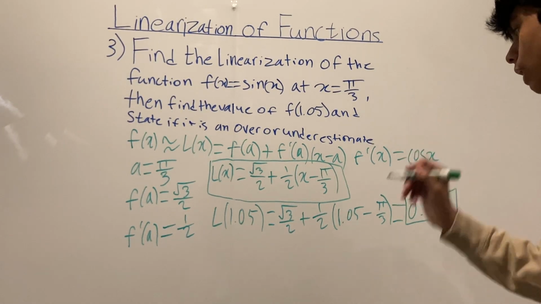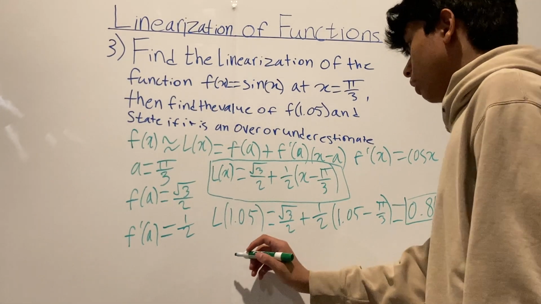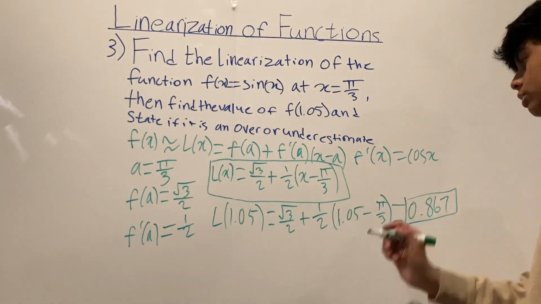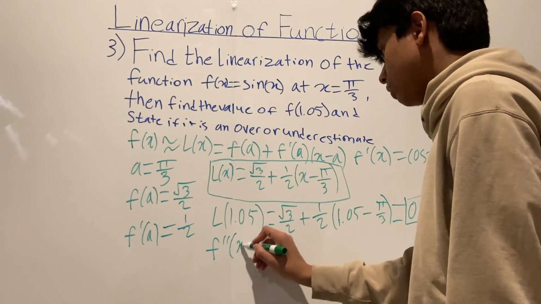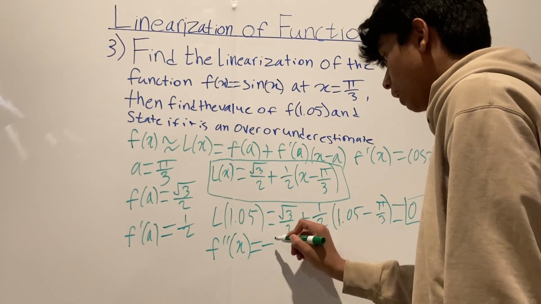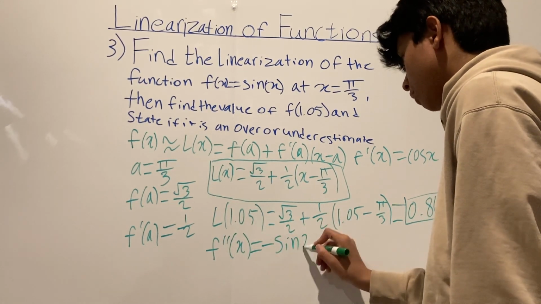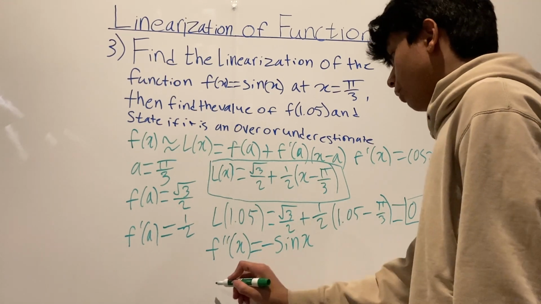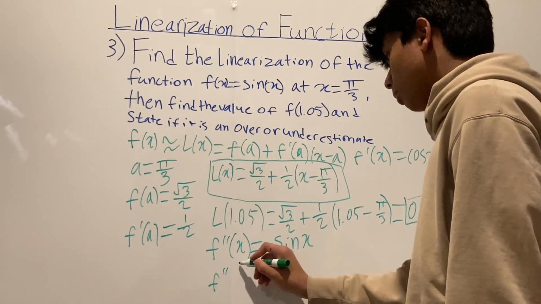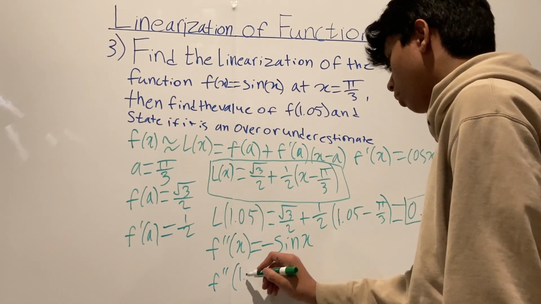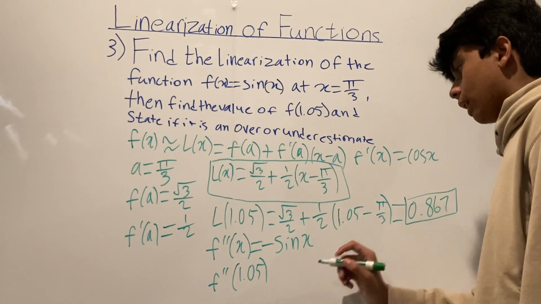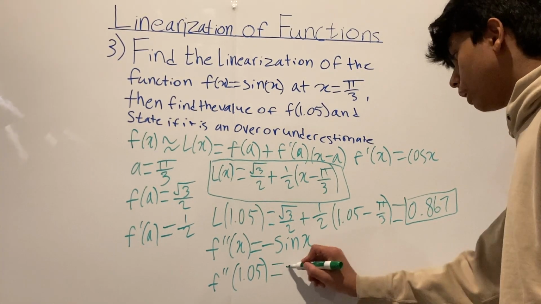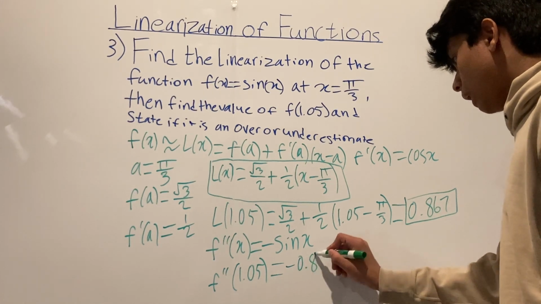To find that, let's find the second derivative. So we have to find the derivative of cosine x. The derivative of cosine x is going to equal negative sine x. So if we plug f double prime of 1.05 into negative sine x, we're going to get negative 0.867.